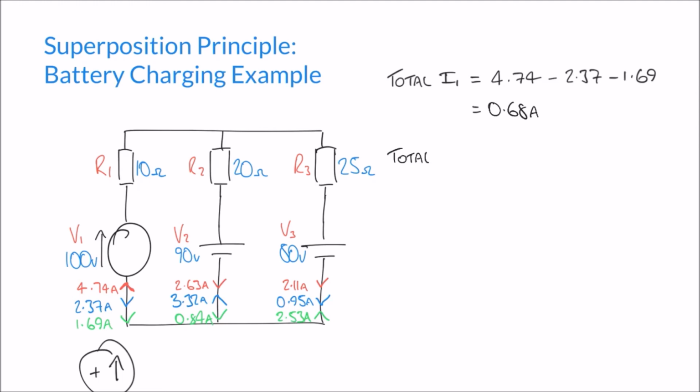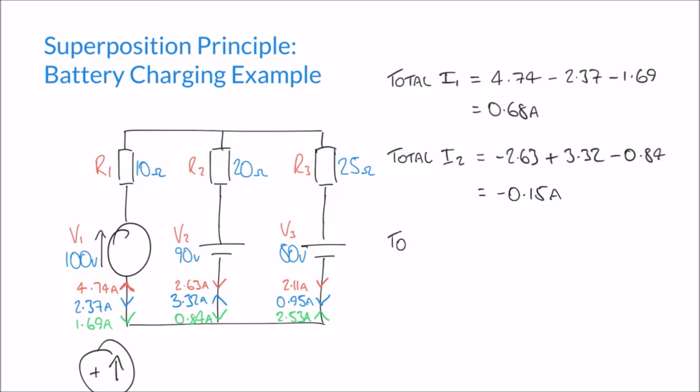So the total I2 in this case would be minus 2.63 plus 3.32 minus 0.84. And that gives me a total of minus 0.15 amps.